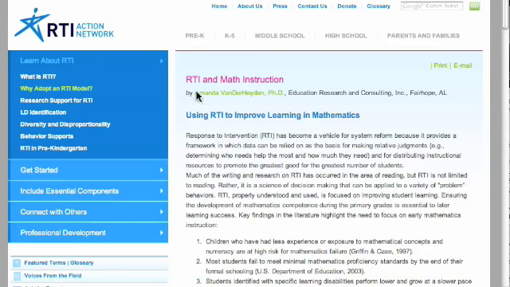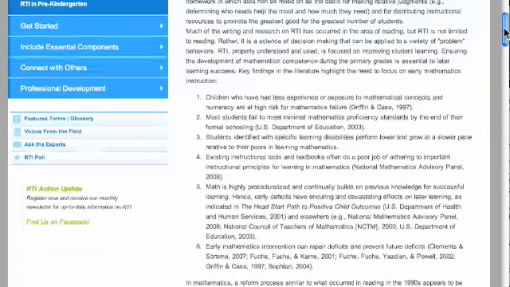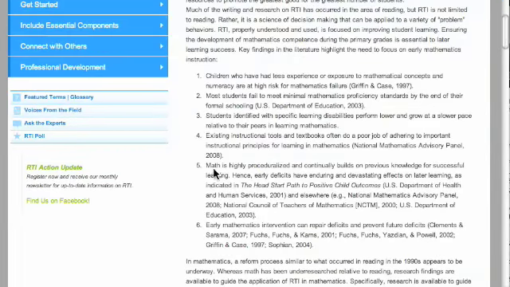When looking at math for RTI, I found this article on the RTI Action Network very useful. I think really here's the key: math continually builds on previous knowledge for successful learning, hence early deficits have enduring and devastating effects on later learning.